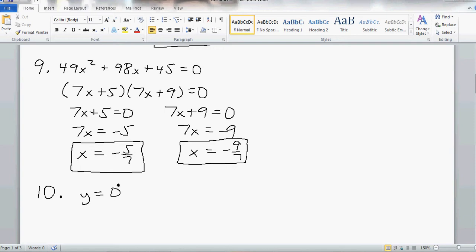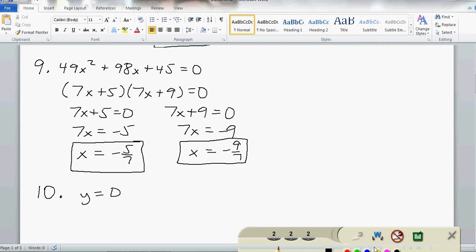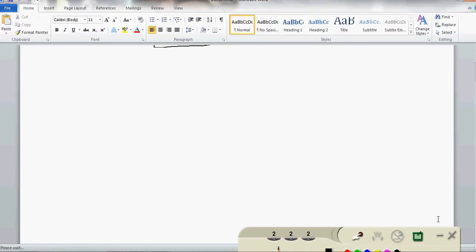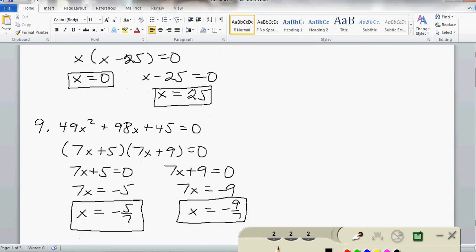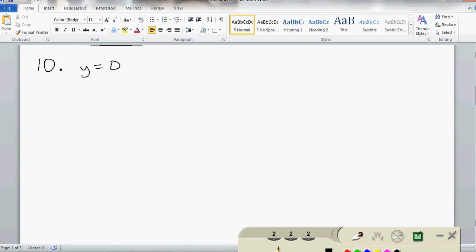And so to find horizontal asymptotes, well, let's look at number 11. Okay, number 11.